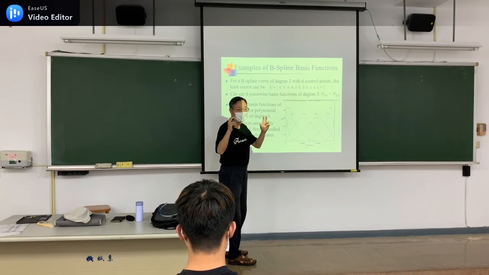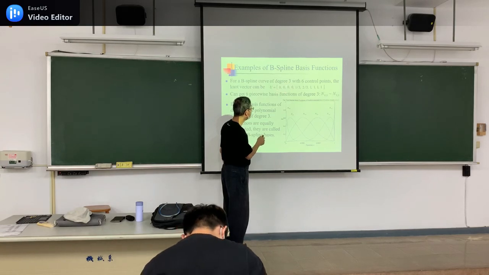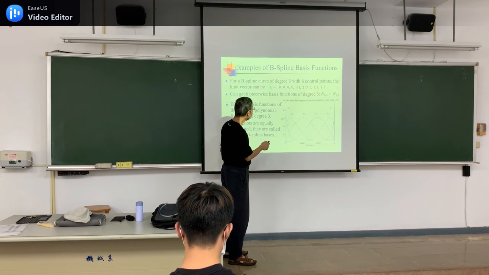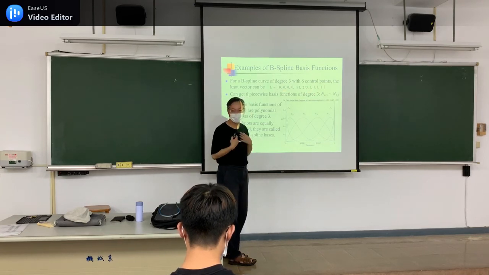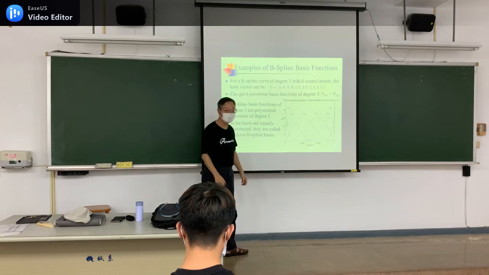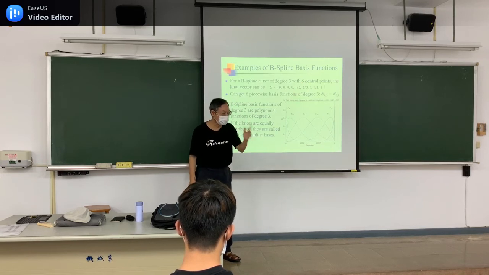Normally, we choose A to be 0, B to be 1. So this is the first 4 and the last 4. These cannot be determined by ourselves. But in between, they can be arbitrarily determined, but they have to be increasing.